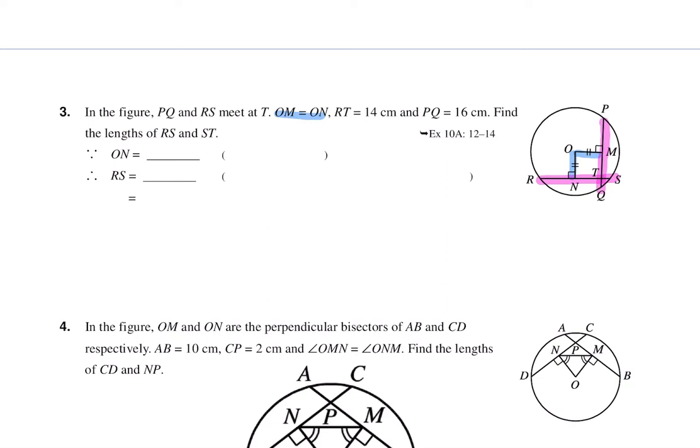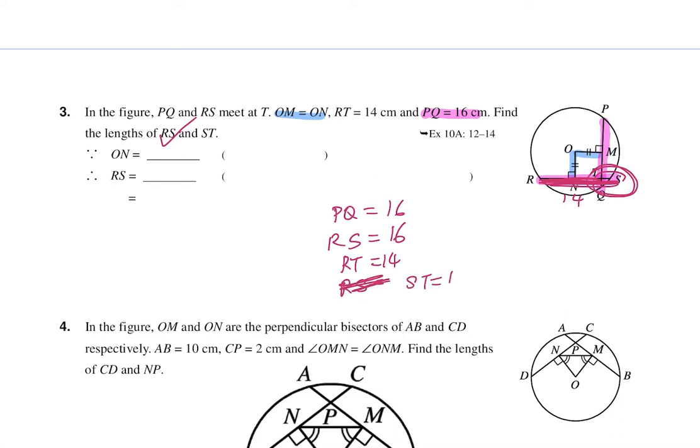So if PQ is 16, then RS is also 16. The whole thing is 16. Alright, we already find RS actually. And then we know that RT is 14. This half part is 14. The whole thing is 16. So what's left?